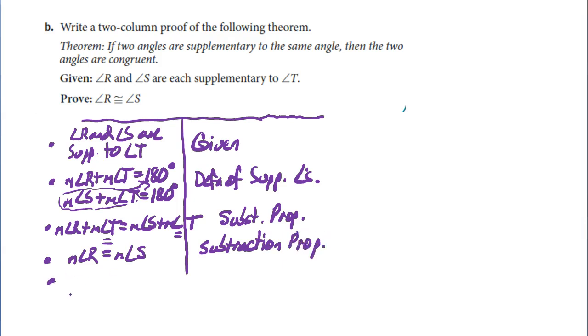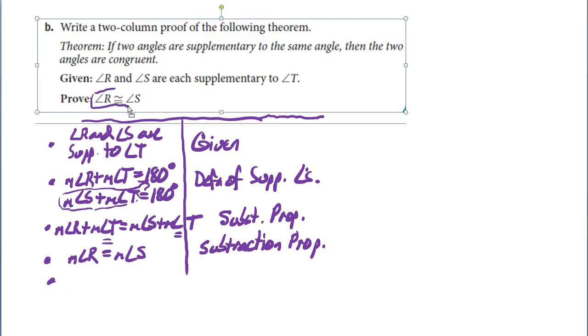All along, I've been keeping in mind what I'm trying to create. Angle R is congruent to angle S. Once I know that their measures are equal, I can then immediately go to angle R is congruent to angle S. That's the definition of congruent angles.